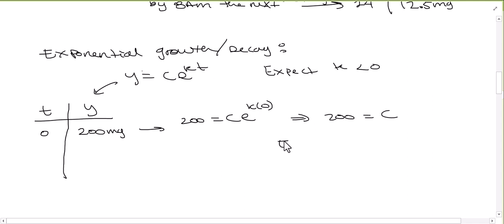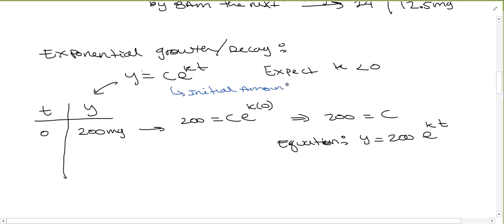So my equation now is y equals c, right, 200 e to the kt. And a shortcut way of thinking of this is that c is the initial amount. The reason that I call it a shortcut is because knowing that c is the initial amount skips us having to do this step. And so now this is my equation, y equals 200 e to the kt.